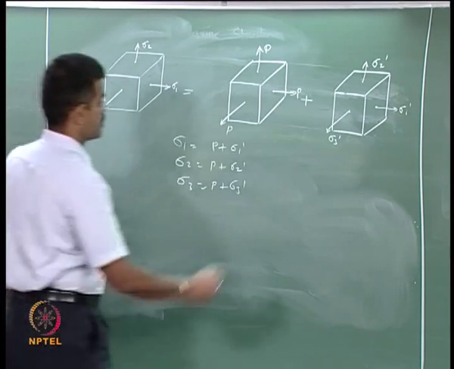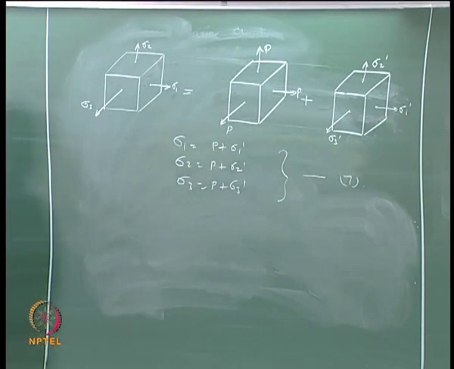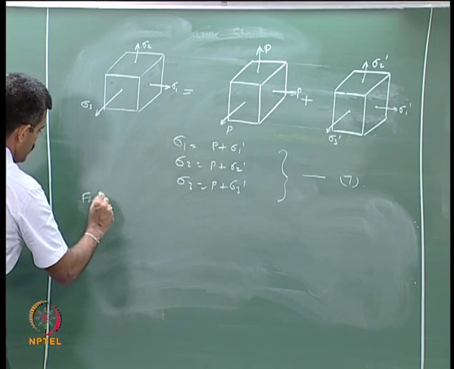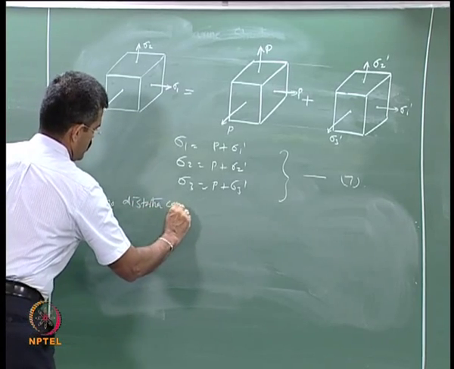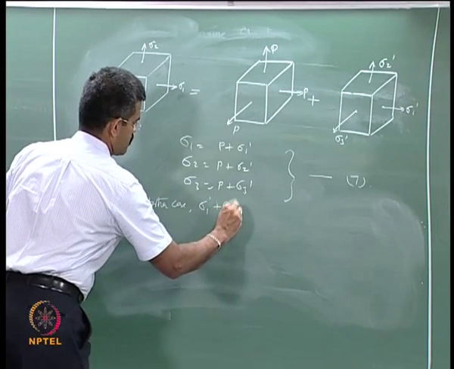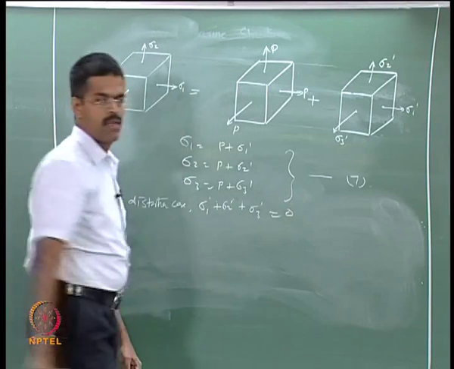Let us call this equation number 7. For the no distortion case, sigma 1 dash, sigma 2 dash, sigma 3 dash should be set to 0.